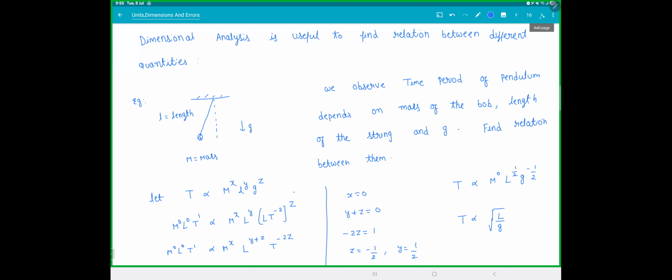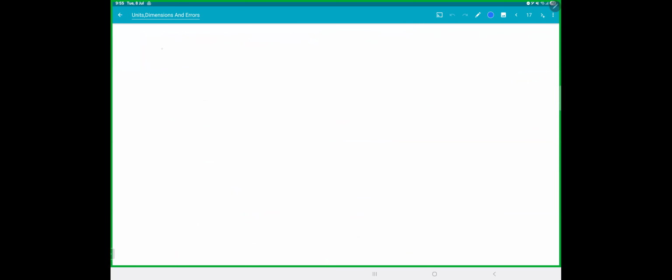So we got t proportional to root L by g, but if you actually look at the actual formula, the actual formula is t is equal to 2 pi root over L by g. This is the time period for a simple pendulum. So with this method, the drawback is you can't find those constants. You can find the proportionality, you can't find the constants.